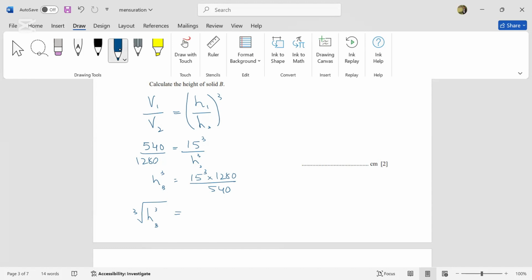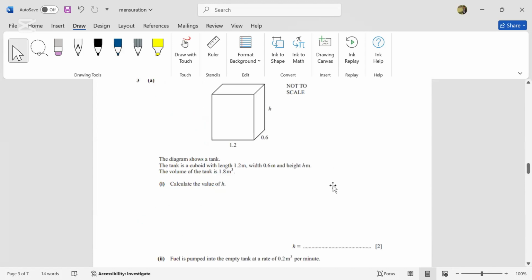After getting the whole cube root, we will get the answer 20. So our H will be 20 centimeter. Okay, next thing.